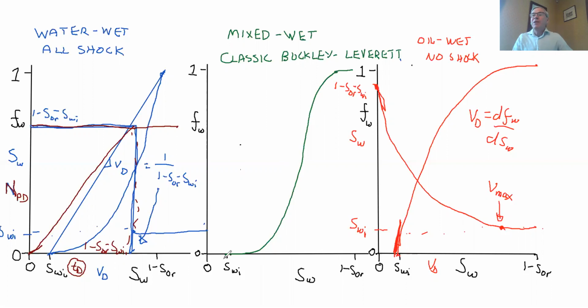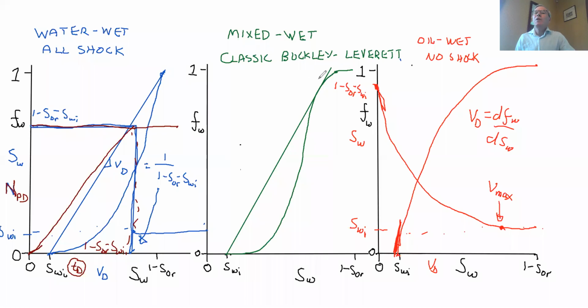So the only way in which we can connect this region to this region is with an S-shaped curve like this. So this is classic Buckley Leverett. Most people have least difficulty with this case because it is what it seems to be in the textbooks. I try and draw a tangent here. Maybe not the best tangent. That's better.